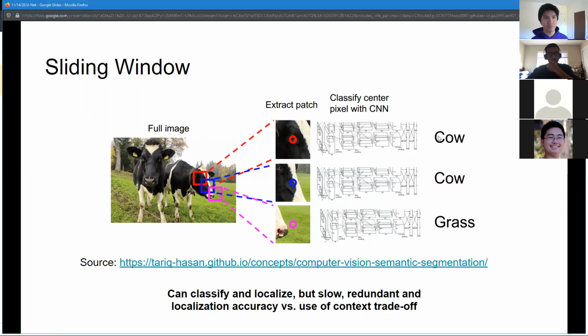I'm assuming you also get a probability distribution. This image might be slightly misleading, this is probably just the argmax of the probability distribution. But you do that for every pixel. You can imagine that would take a very, very long time: go to this pixel, run through a giant CNN, out comes the probability distribution, go to the next pixel, and do that for all the pixels.